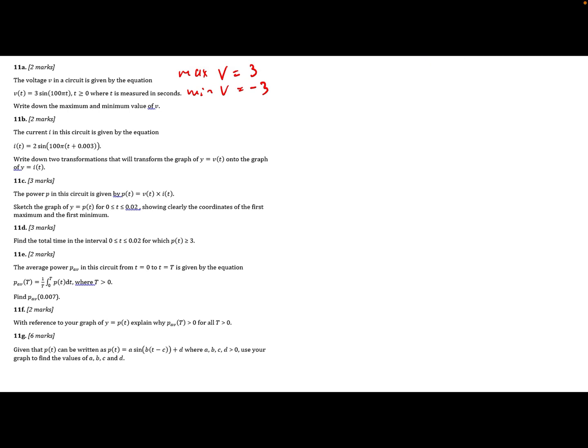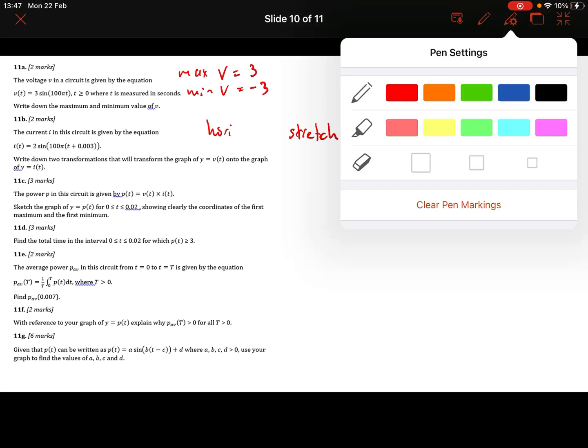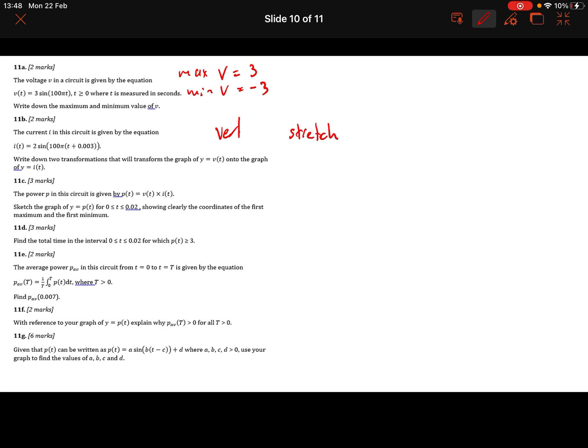So that means we're going to have a stretch, and it's going to be a vertical stretch because it's a multiplier. It's a vertical stretch, scale factor 2/3, because we basically got to change that 3 into a 2.